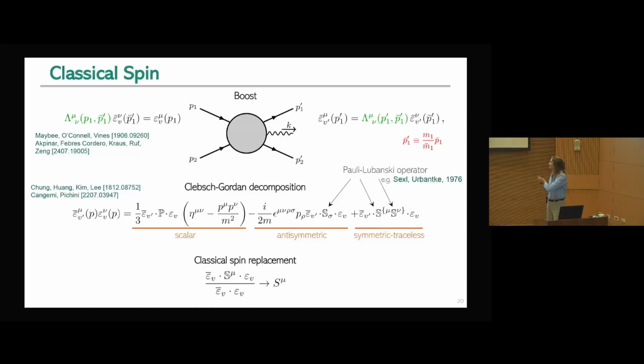Once they are in the same frame, we can do a Clebsch-Gordan decomposition into a scalar representation, an antisymmetric representation, and a symmetric traceless representation, where we write it in terms of this Pauli-Lubanski operator. The classical spin we then find as the expectation value of this Pauli-Lubanski operator, so we can get up to spin squared corrections.